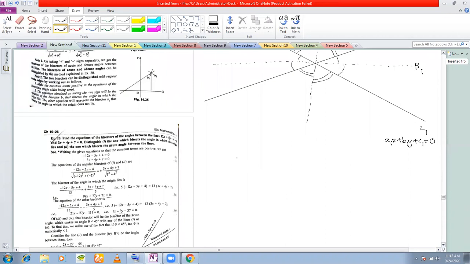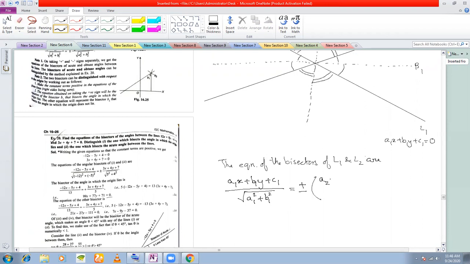You have to remember this formula, that the equation of the bisectors of L1 and L2, in fact, because there are two bisectors, is (A1x plus B1y plus C1) by root over of A1 square plus B1 square is equal to plus or minus (A2x plus B2y plus C2) by root over of A2 square plus B2 square.